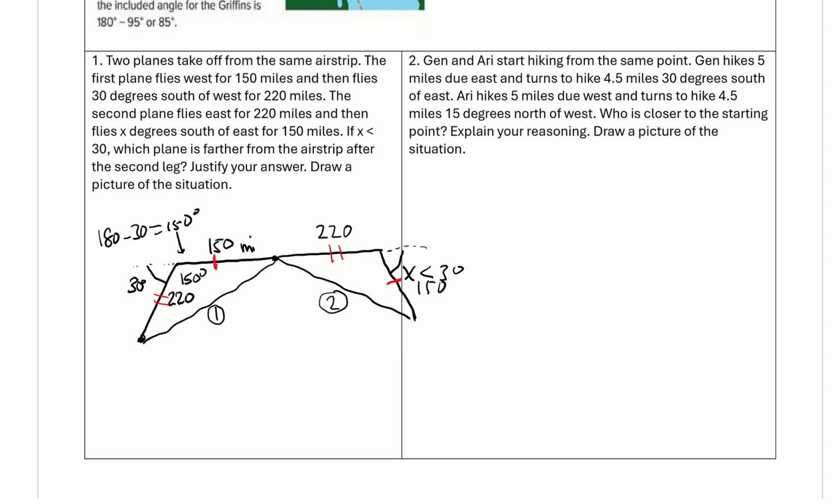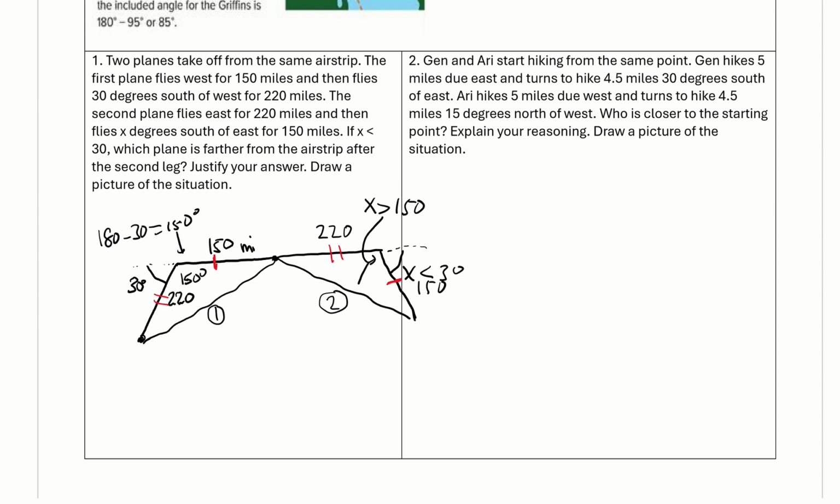Now, if X is smaller than 30, like let's say X was 20, then 180 minus 20 would be 160. So as X becomes smaller than 30, this angle becomes greater than 150, like 160 or 170. So the smaller X is on the right side, the bigger it is on the left side, and so this angle is bigger.